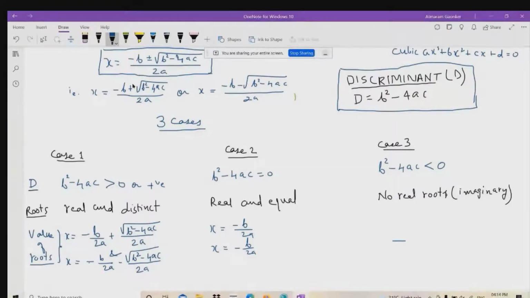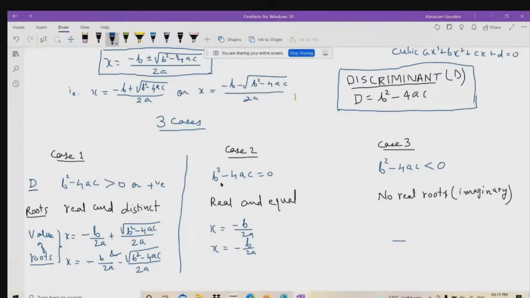It is the same thing I have written here. And for the second root, just replace this plus sign with a minus sign. You have to remember this case 1 perfectly, because an equation may be given and you will be asked whether the roots are real and distinct. In that case, you have to find the value of the discriminant and see whether it is positive.